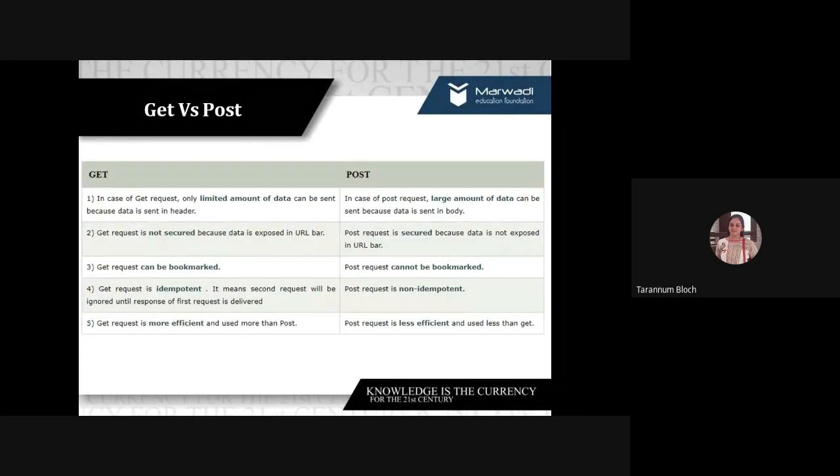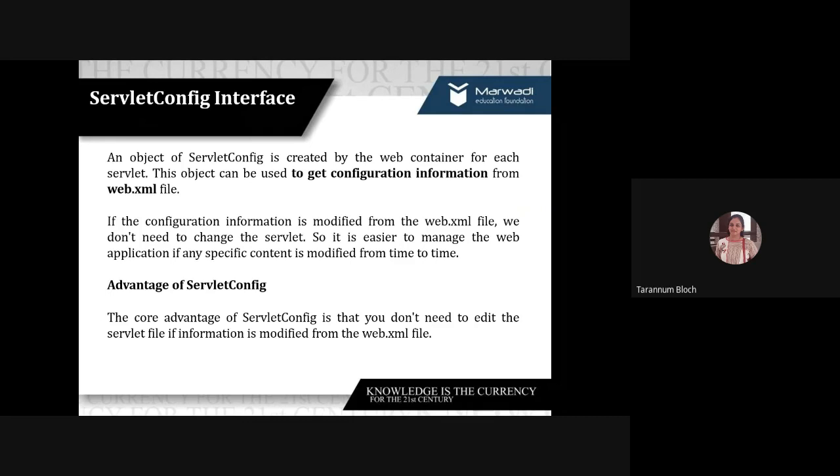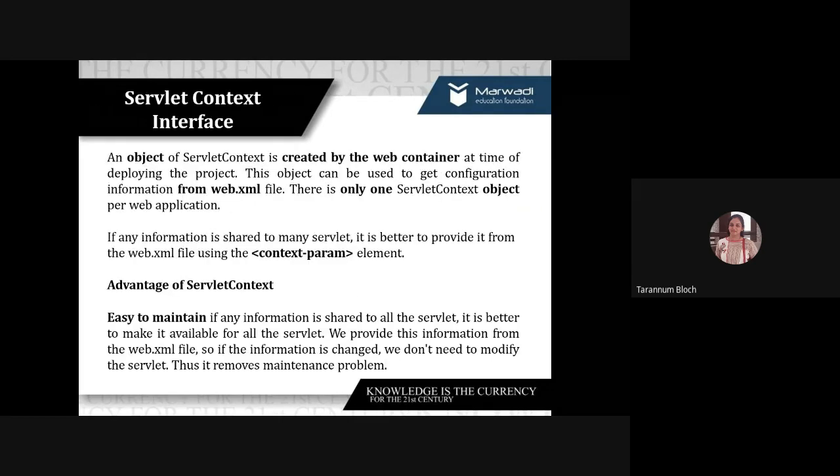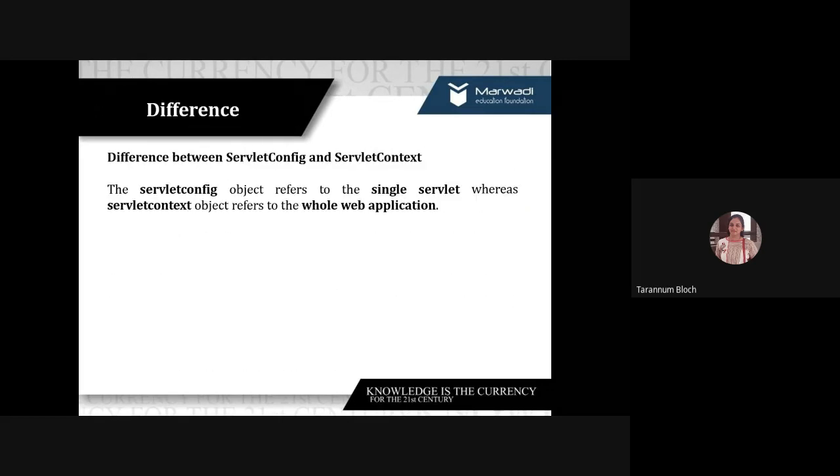We also discussed the difference between get and post, and we studied how the configuration parameter can be saved as an init parameter for a single servlet and a context parameter for a whole application. ServletContext and ServletConfig are the interfaces which are used to access the values of configuration parameters stored inside your deployment descriptor.